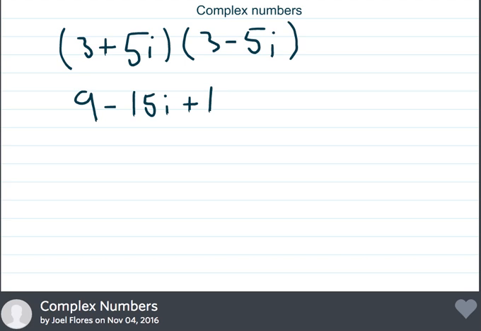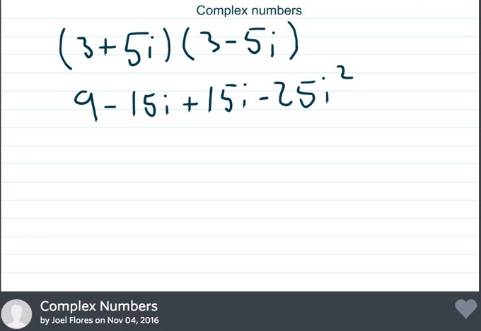We'll get plus 15i. And then we'll do 5i times minus 5i. So that will give us a negative 25i squared. So, just like before, we know i squared is equal to negative 1, so that will turn into a positive 25.